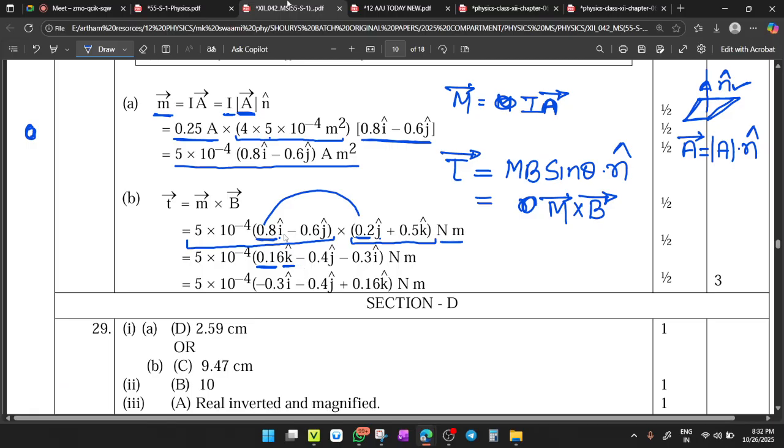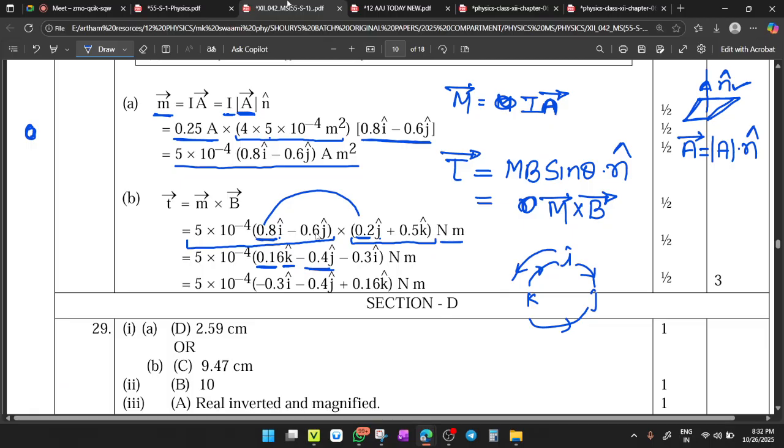Then i cap multiplied: 0.8 into 0.5 gives you 0.4. i cap towards k cap will give you minus j cap, because i is here, j is here, and k is here. So when you move clockwise, you get a positive result. But when i cap is moved towards k cap, it gives you minus j cap. Got it?